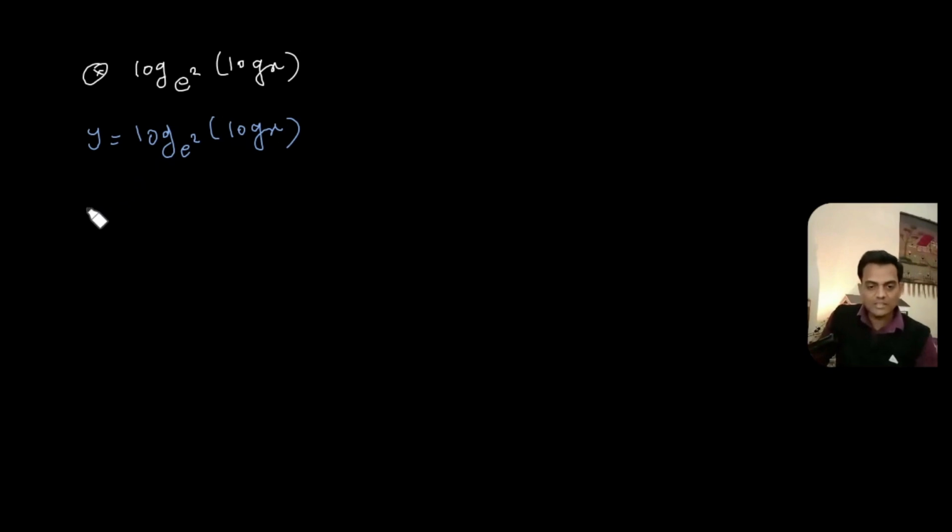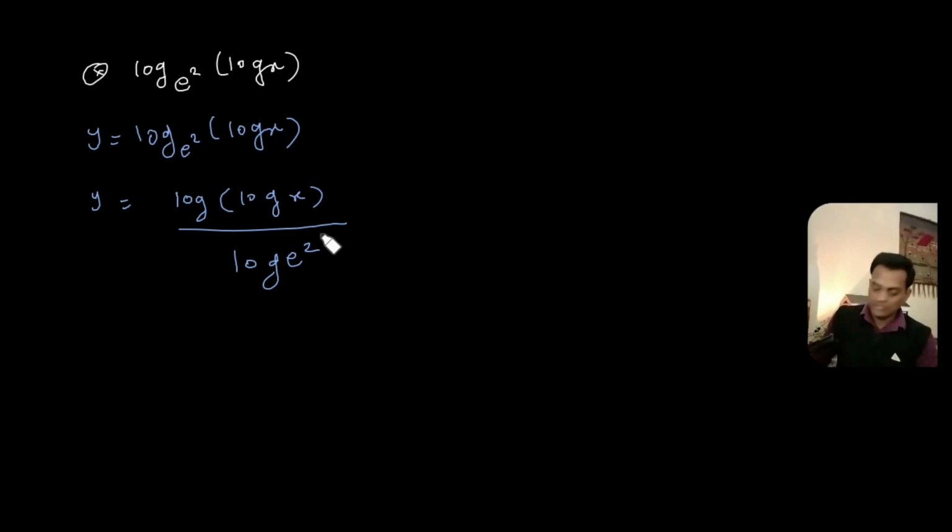The first thing is that I have to simplify this. So y is equal to log of x to the base e square. I can rearrange this term as log of x divided by log of e square, and then I can take the derivative. It is a constant term, so y is equal to 1 upon log of e square into log of x.